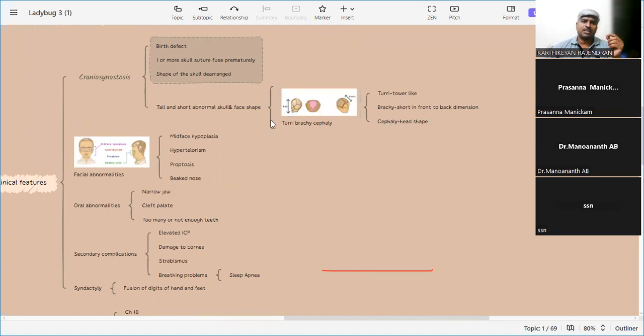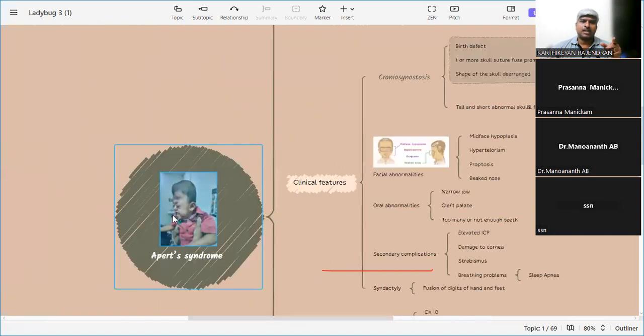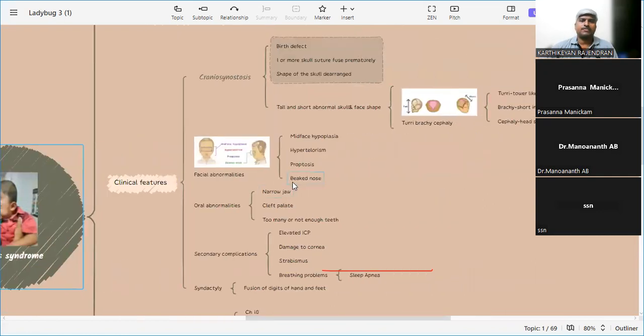This picture clearly shows the tall skull, the short front-to-back dimension, and the rearranged head shape. So this patient has turribrachycephaly.